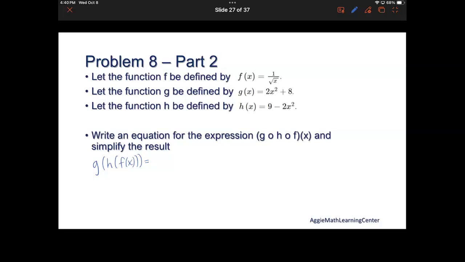And now I have to do some more annoying algebra, but you can just write it all out if you want. You don't have to simplify it. So first G. I'm going to make these parentheses really, really super big because I'm going to try and not simplify it first.